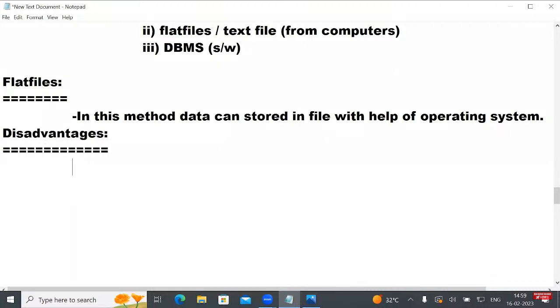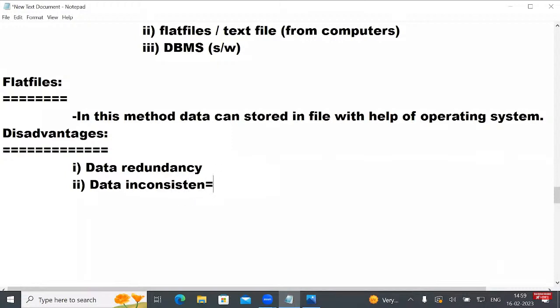So advantages, nothing here. It is just a computerized system, but it has more drawbacks. What is the first drawback? The first one is the data redundancy problem. The second one is the data inconsistency problem. The third one is the data retrieval problem.